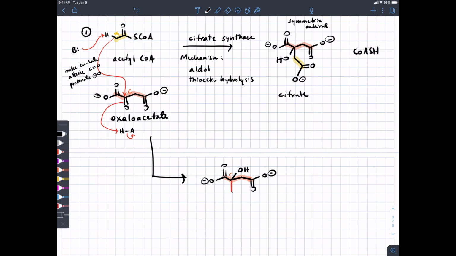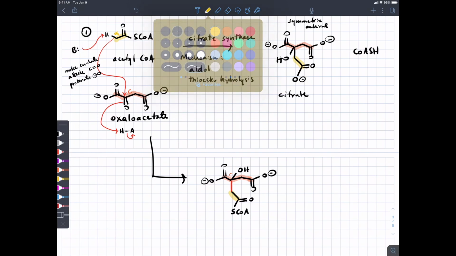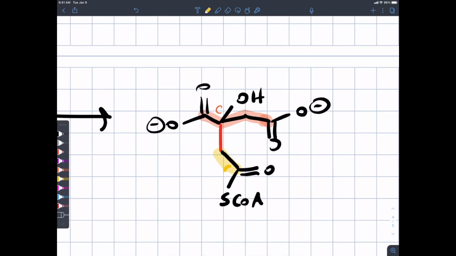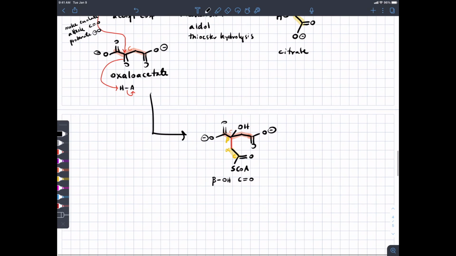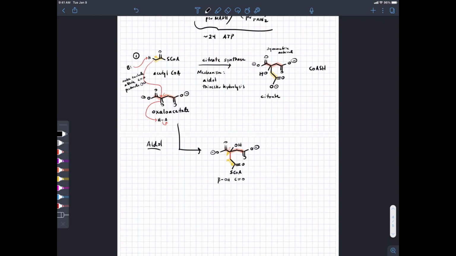And then here are the two carbons of acetyl-CoA. And notice that this follows the familiar pattern of aldol products. Carbonyl carbon of your enolate nucleophile, alpha carbon, and then beta carbon. The product here is a beta hydroxy carbonyl compound. So that's how you can tell that this was an aldol reaction. Okay? Questions so far?